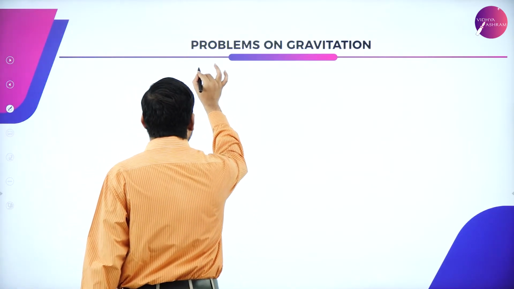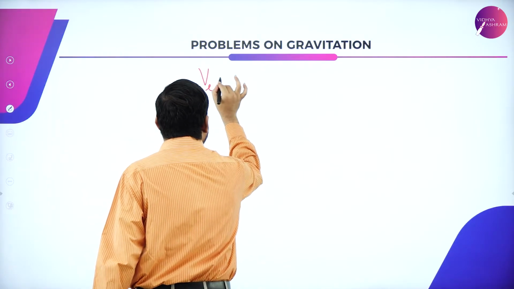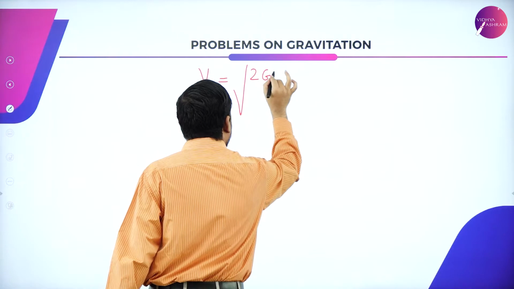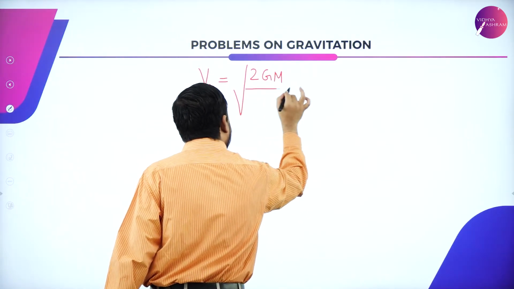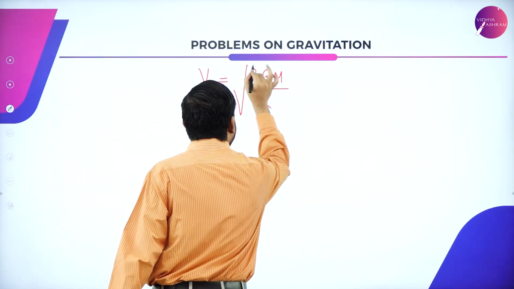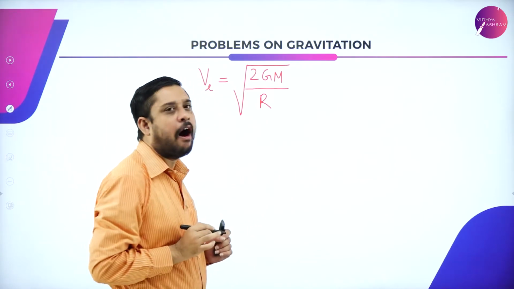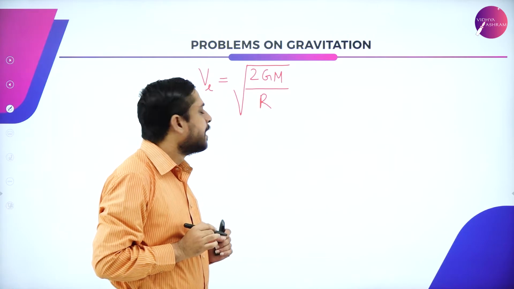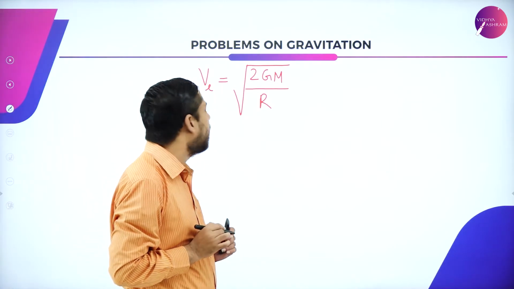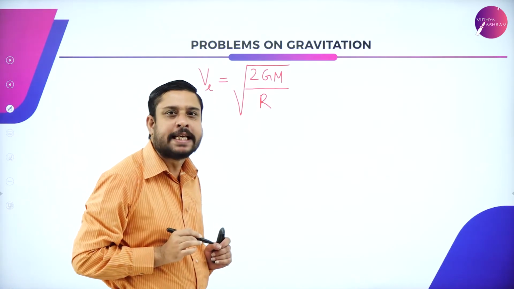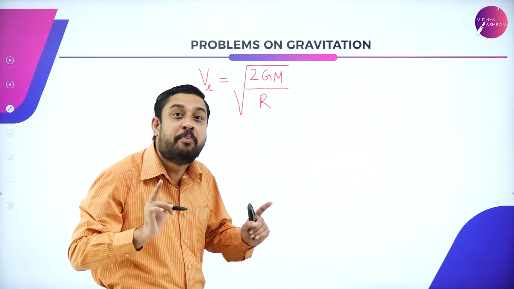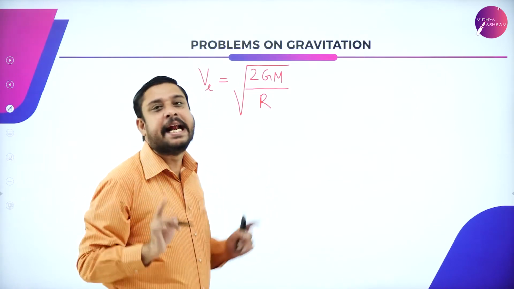We know escape velocity is root 2GM divided by R. So escape velocity is given by the expression root 2GM divided by R. This is when both mass and radius are given.